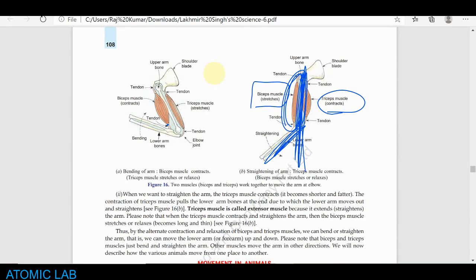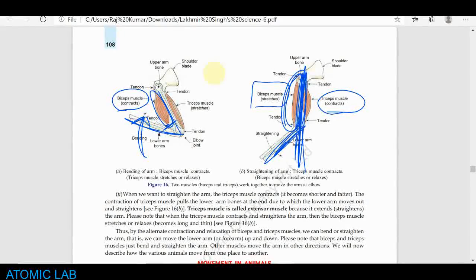So when we bend our hand, our upper muscle exerts a force to move it in the forward direction. When the biceps exerts a force, it contracts, meaning it becomes strong and tough.